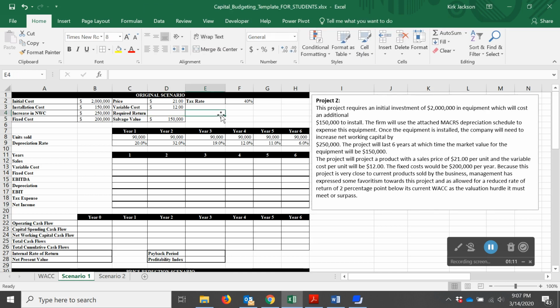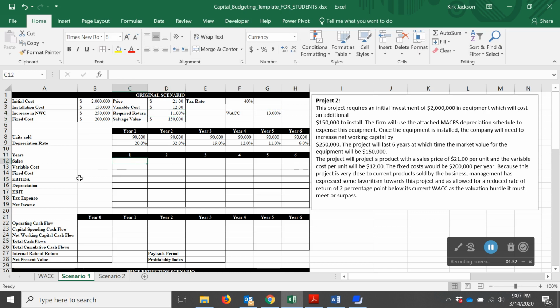So let's say that if the WACC happened to be 13%, then the required return would be the 13% minus 0.02, and we would get 11%.